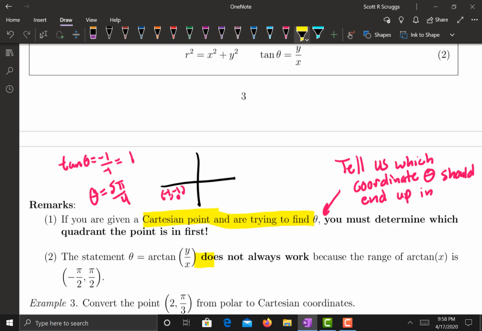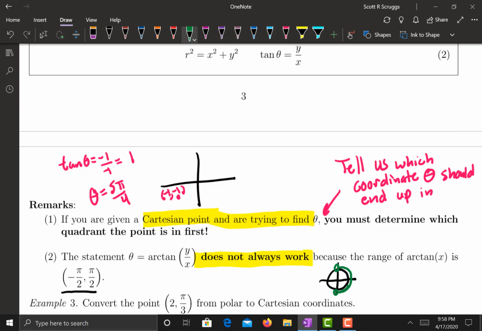I cannot emphasize enough that this does not always work, and that's because of the range of arctan. So, if you recall from back in Cal 1, what this interval, -pi/2 to pi/2 with open parentheses, is saying is that on my unit circle, I'm only looking at the right half of my unit circle, excluding the endpoints.